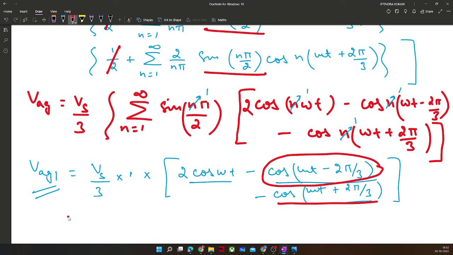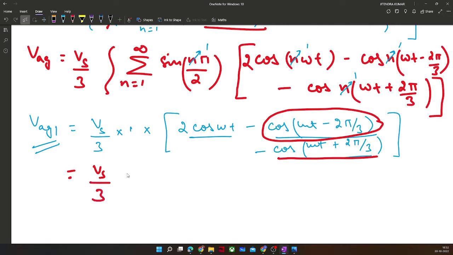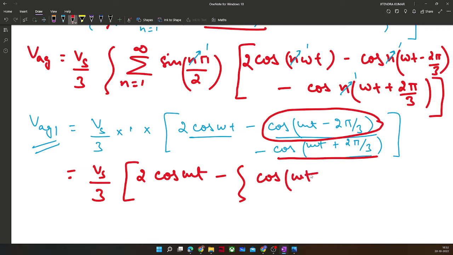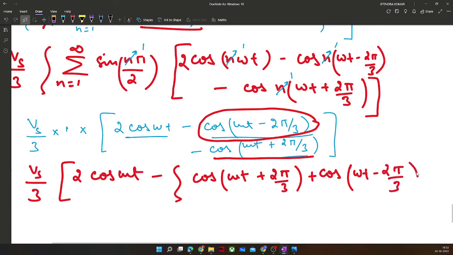So I will solve it for you here first. 2 cos omega t minus, the summation of cos of omega t minus 2 pi by 3 plus cos of omega t plus 2 pi by 3.